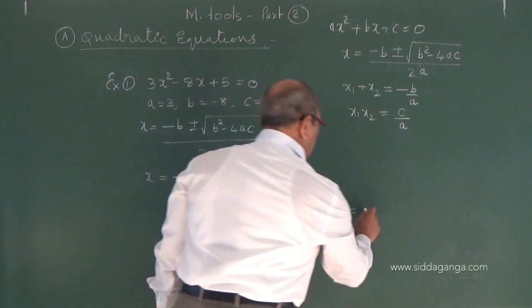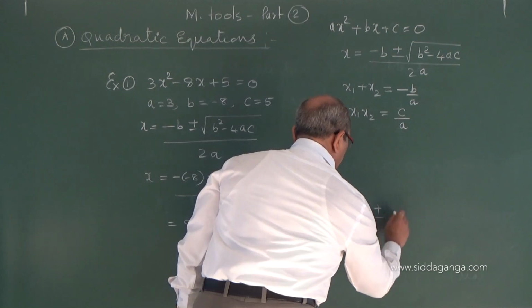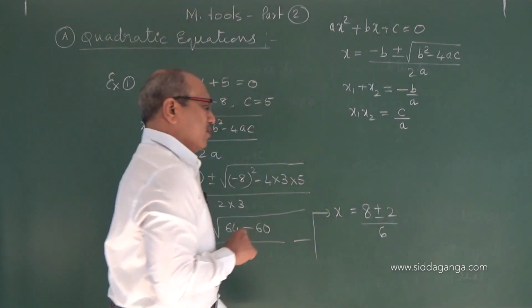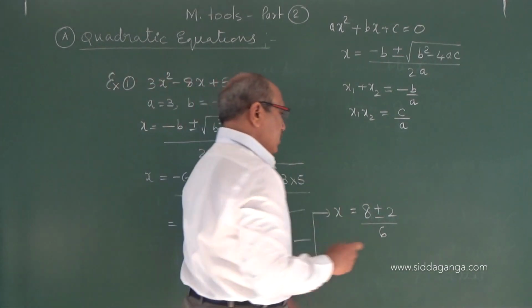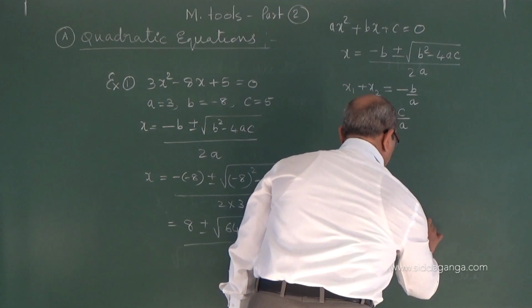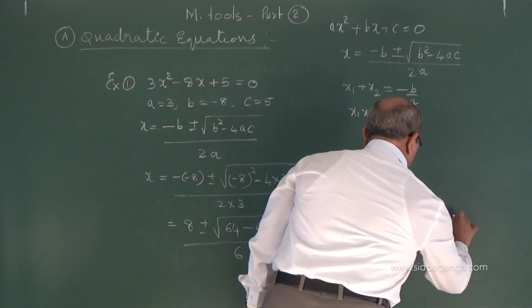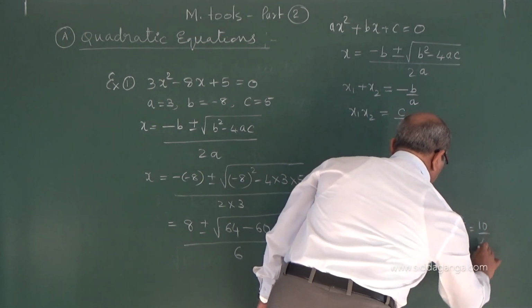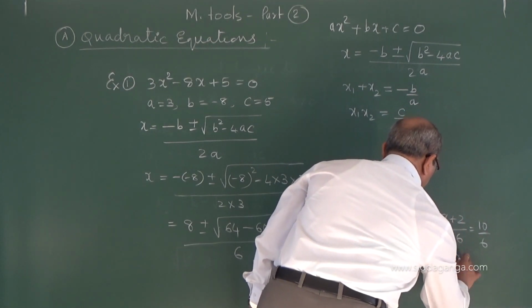Root 4 is 2, so x = (8 ± 2) / 6. If I take plus, x1 comes as 8 plus 2 by 6, which is 10 by 6, and its value is 5 by 3.